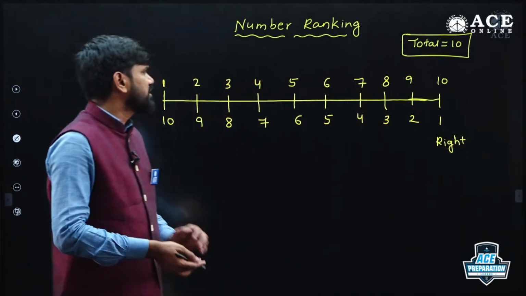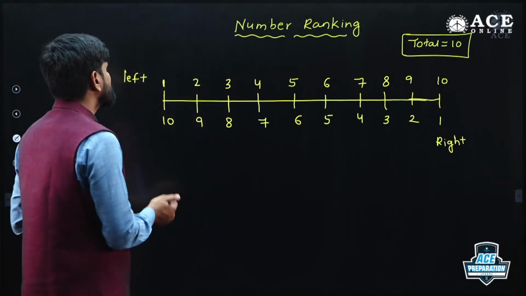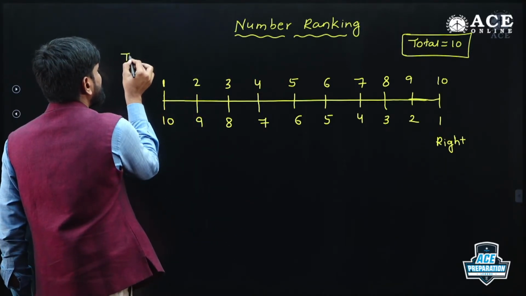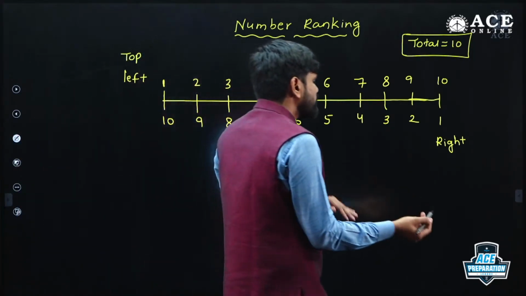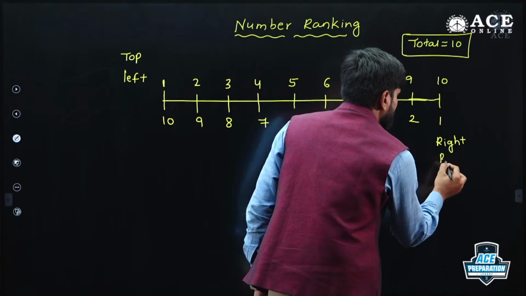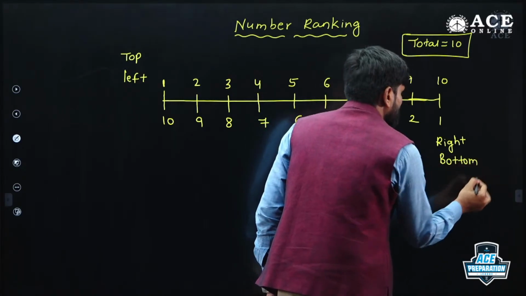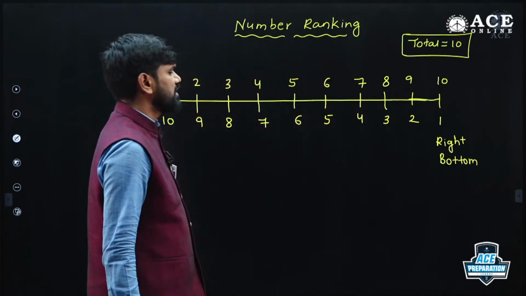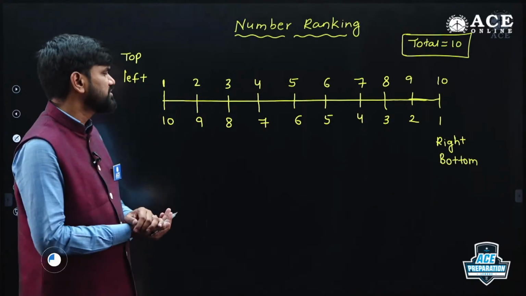Similarly, if you are taking the rank of a student in a class, the rank of the student from the top I will be taking at the top, and the rank of the student from bottom I will be representing at the bottom. This is how I represent the data and I follow this for all the problems that I am going to come across in this number ranking or ranking test.